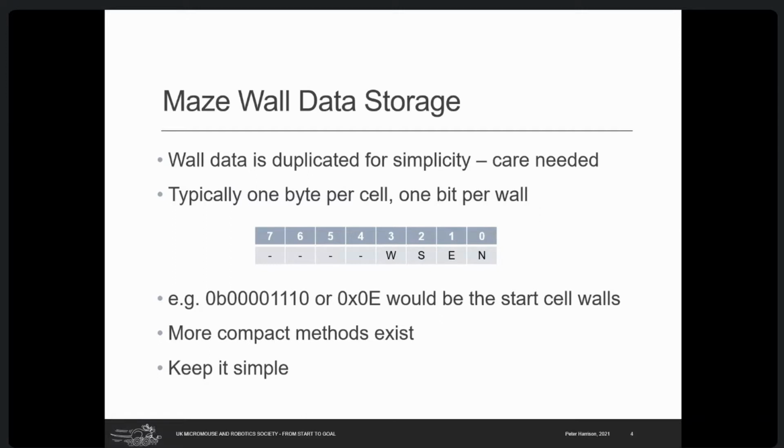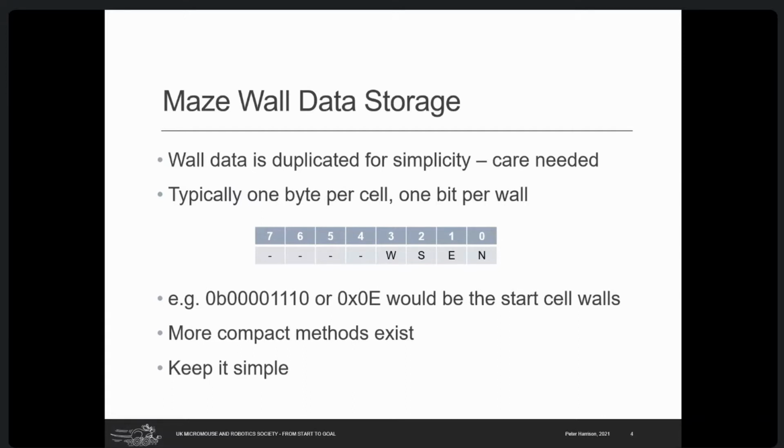But even the Arduino has enough resources not to need to do that, and your code is faster and simpler to understand if you don't. So we would typically have 1 byte per cell, and we'd mark out 1 bit per wall direction. My convention is to number them like this, so that the north wall is bit 0 and so forth. And then we can, in any given cell, describe the walls as a simple single byte value.